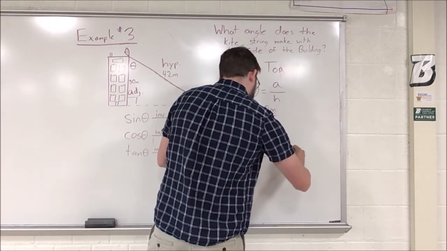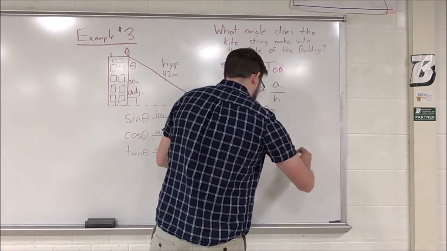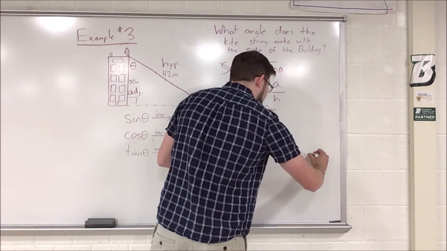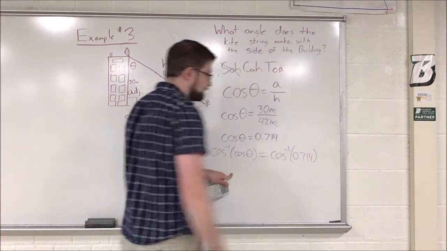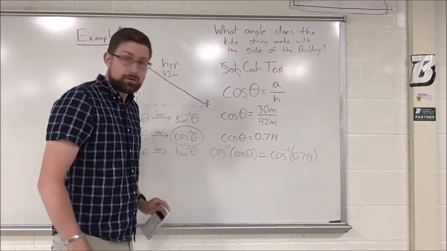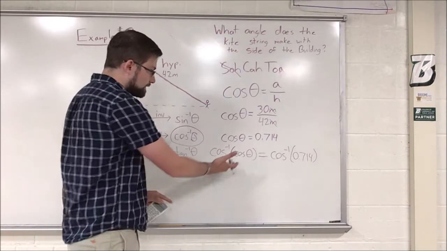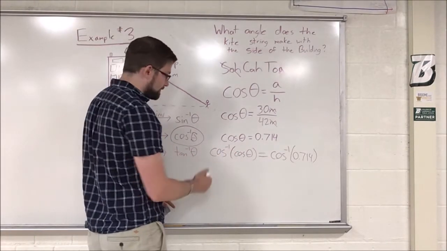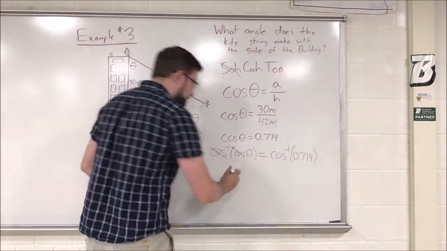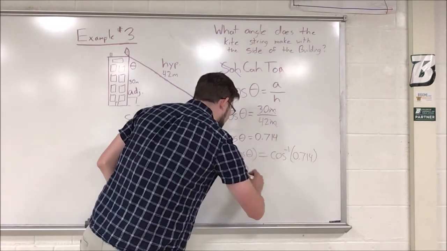So cosine to the negative 1, and then I plug in that 0.714, like that. So this is what our equation did. We did inverse cosine to both sides. What that's going to look like over here is really useful. The cosines are going to cancel each other out, and we'll be left with theta.